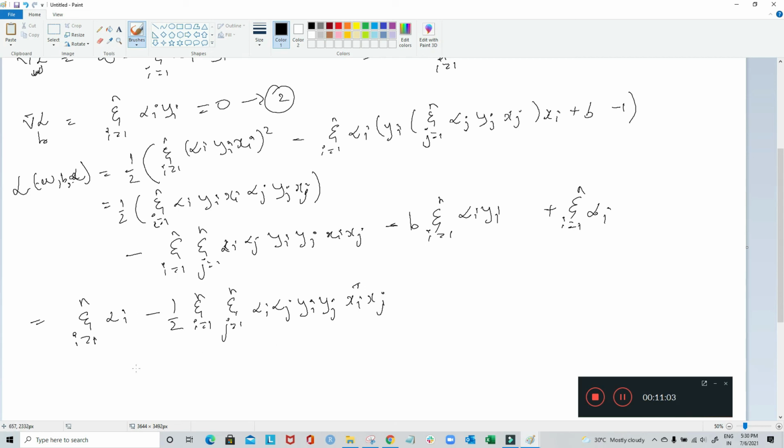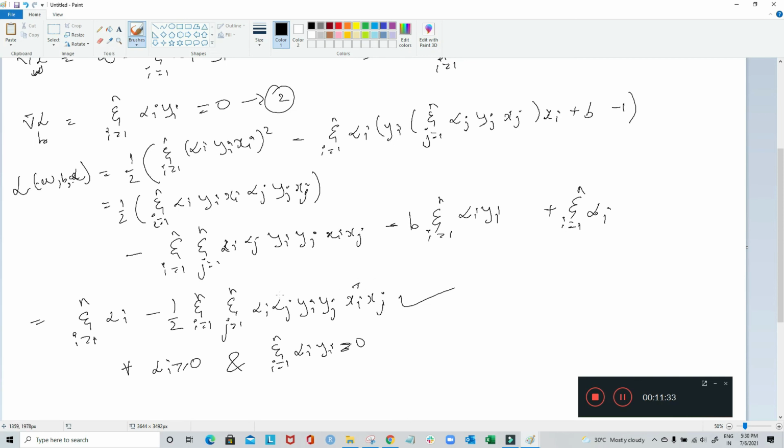And this equation is valid such that my alpha i should be greater than or equal to 0, and summation i equals 1 to n alpha i yi should be equal to 0. For these conditions or constraints, this equation is valid.